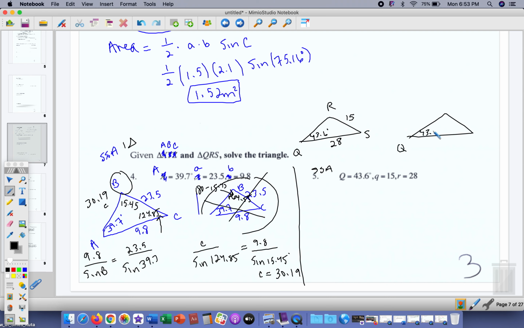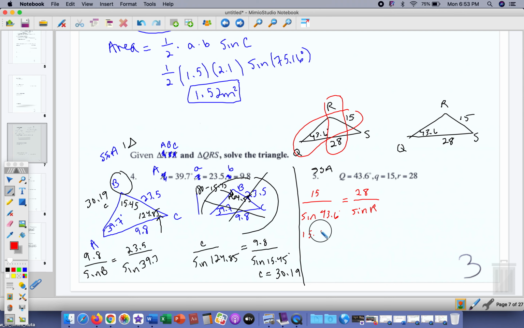Q 43.6, 15, 28, R, S, and we'll work on the left one. So we need to use Q, and we're going to search for R. So we have little q over sine of 43.6 degrees is equal to little r over sine of r. Now let's cross multiply.